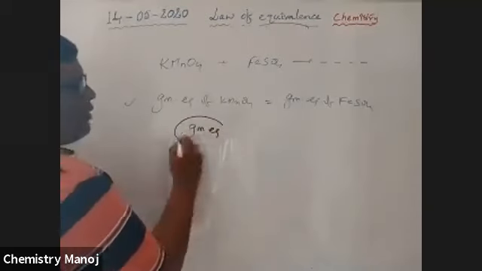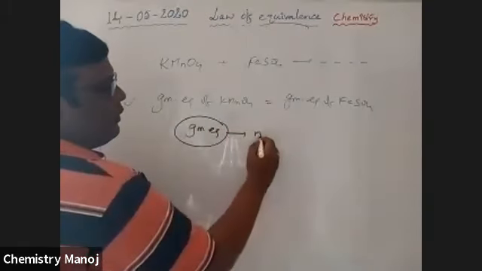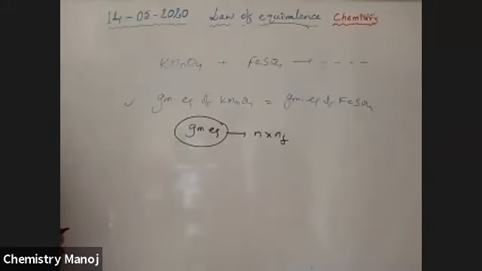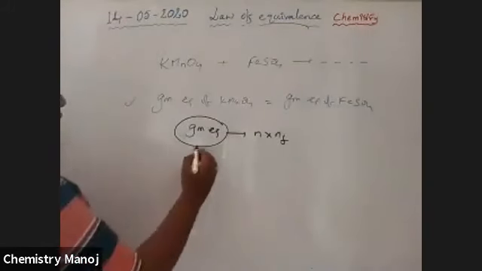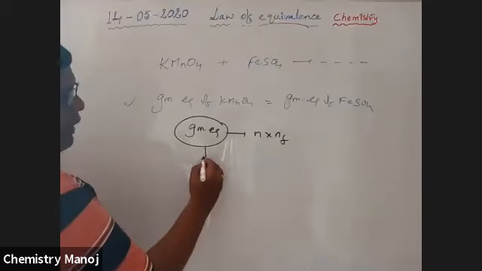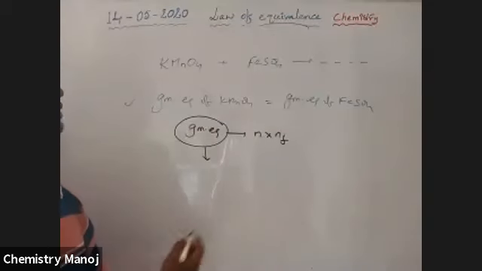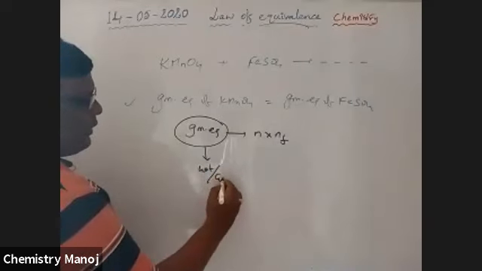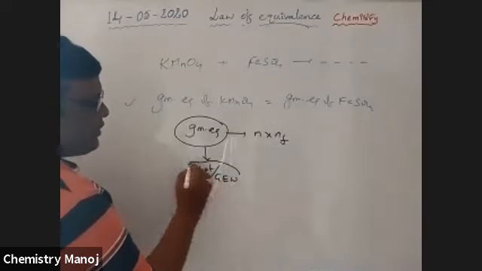Gram equivalents are calculated using the formula N into n factor of that substance, or another one, weight of the substance by gram equivalent weight of the substance.